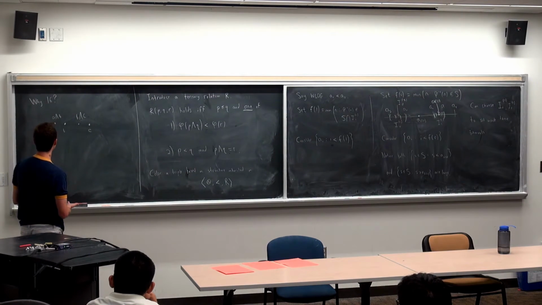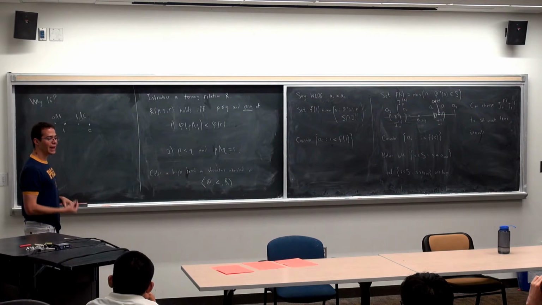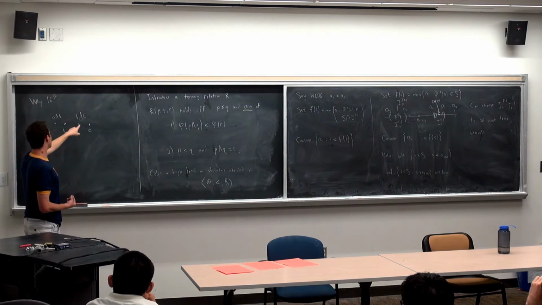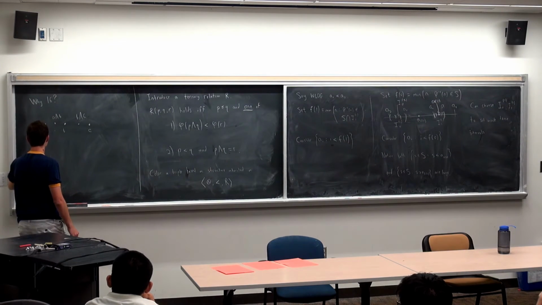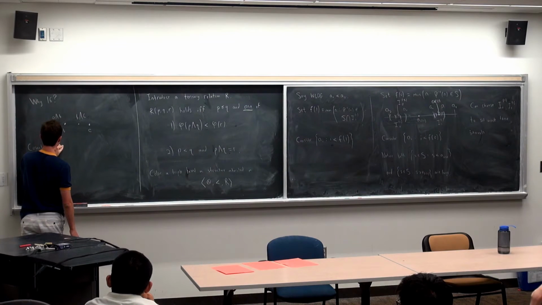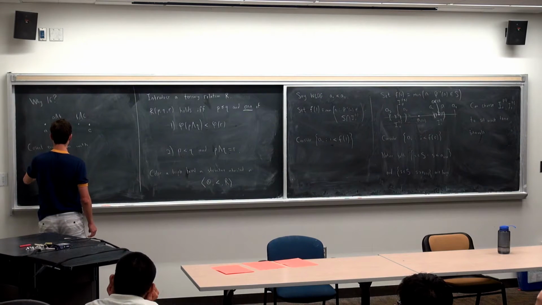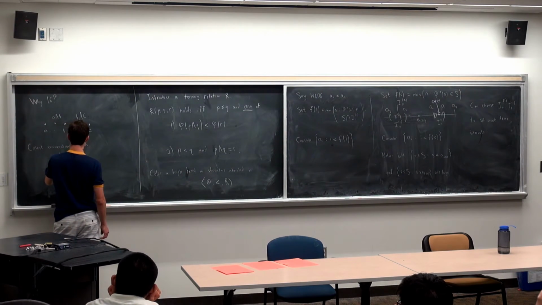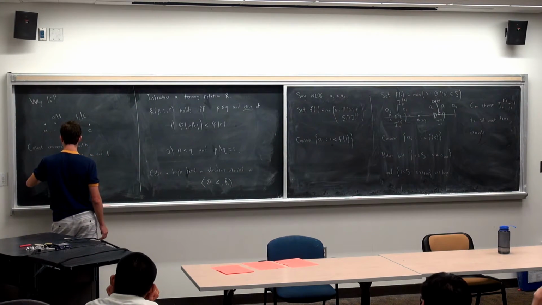I know, for instance, A wedge B had to happen before A. Similarly, B wedge C had to happen before B. So what we're going to count are enumerations with A wedge B before A and B, B wedge C before B and C.